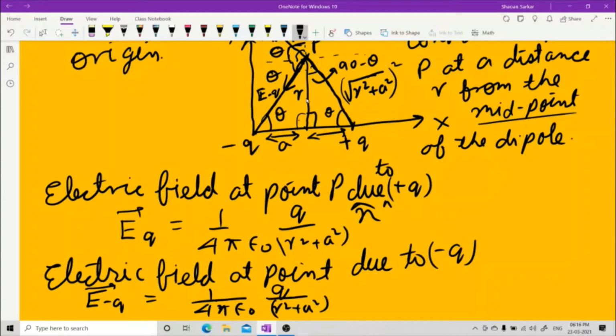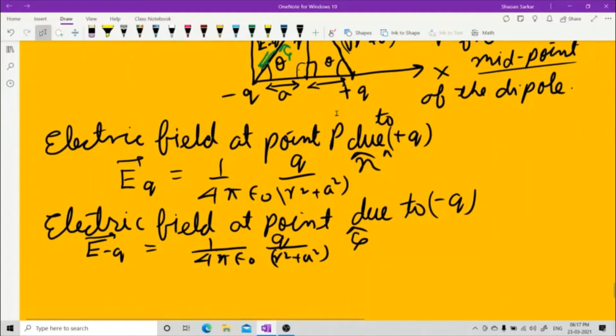You take some other unit vector, no problem, this is just a symbol. Zeta vector is in this direction. Now let us try to write down this eta vector in terms of i cap and j cap. Eta vector, if you look at this triangle, I'll redraw the triangle here for you.